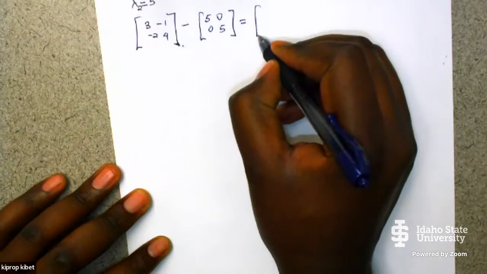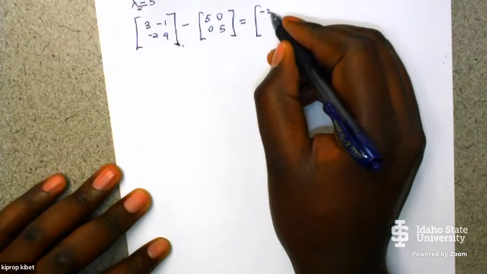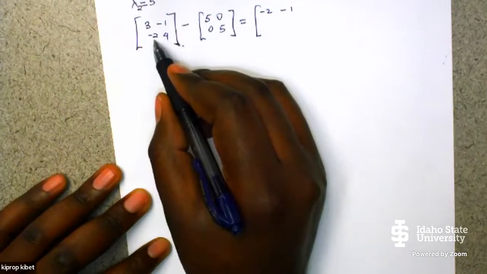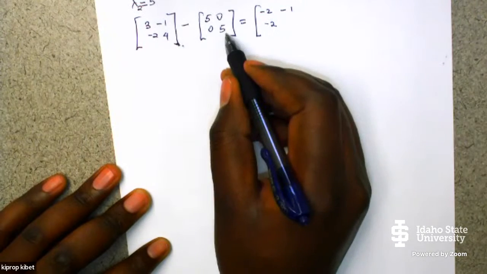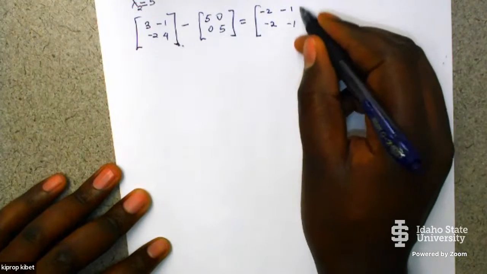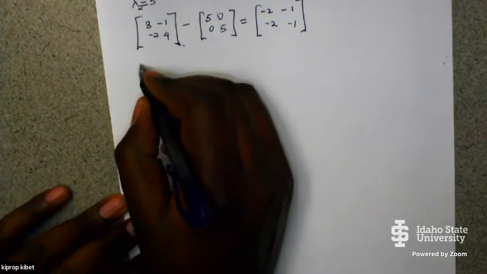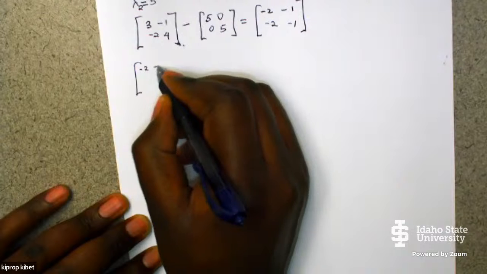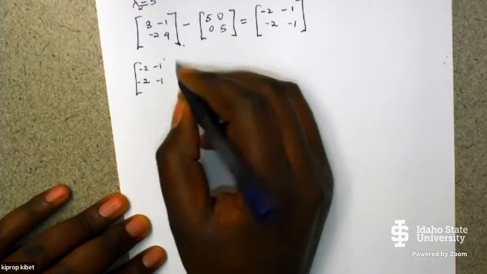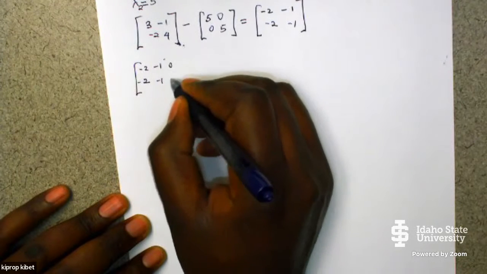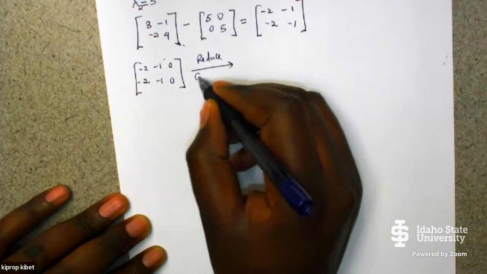What you get here is 3 minus 5 is -2, -1, and then -2 minus 0 is -2, 4 minus 5 is -1. Then we write this in augmented matrix form: -2, -1, -2, -1, and then 0, 0 here.